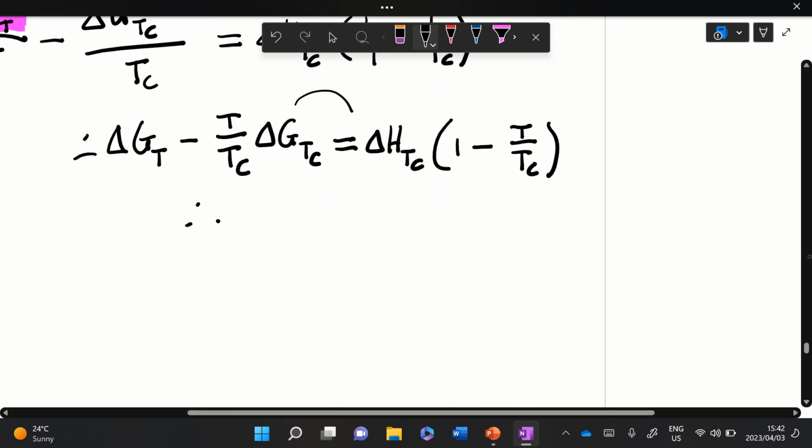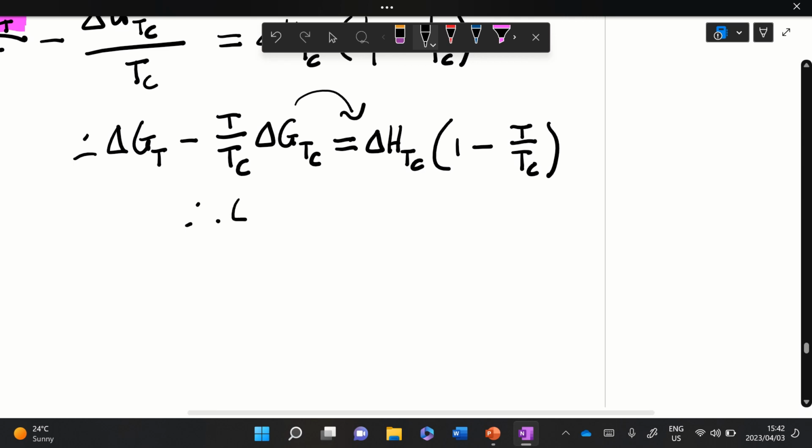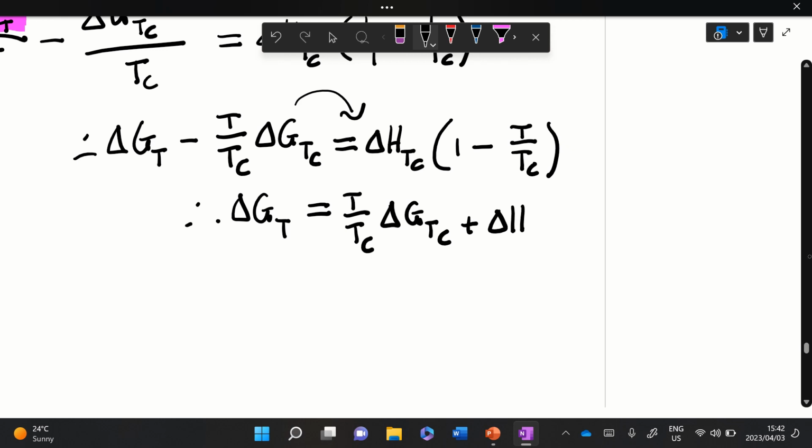Then we just take this one across. So delta G T is equal to T over Tc delta G Tc plus delta H Tc times 1 minus T over Tc.